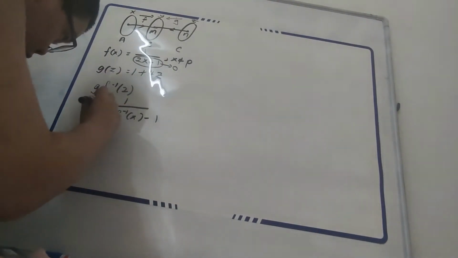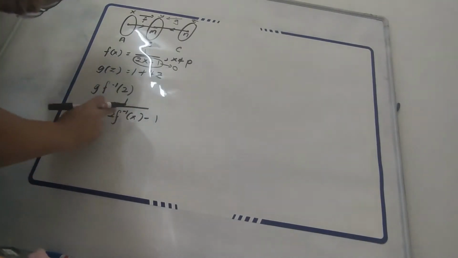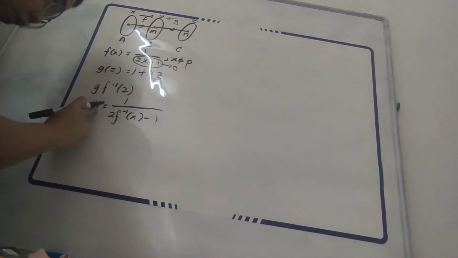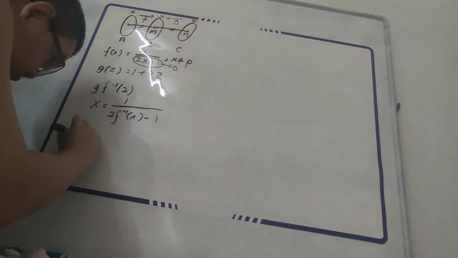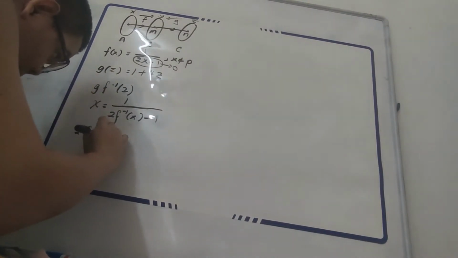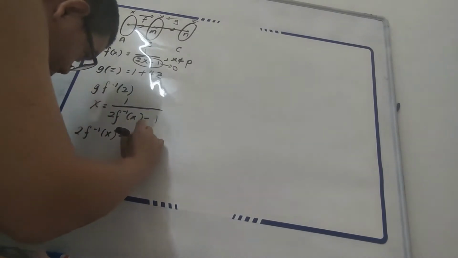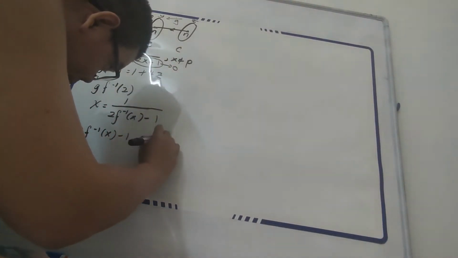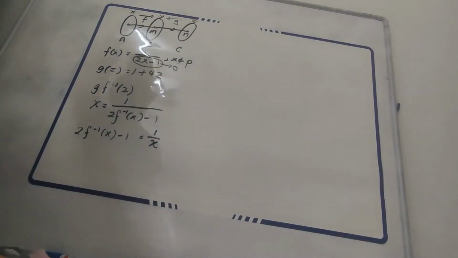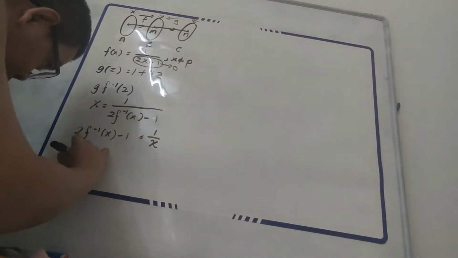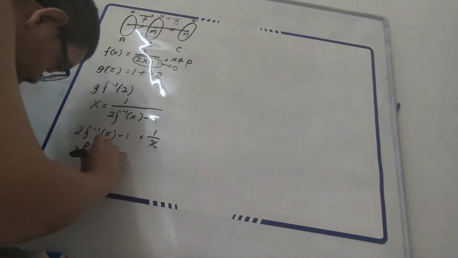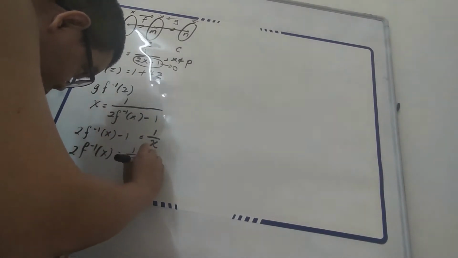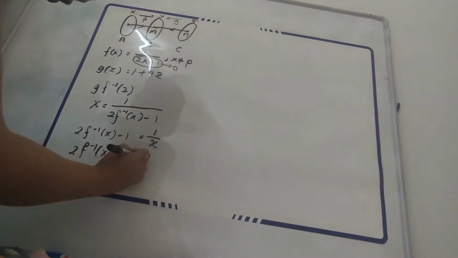minus 1. So here in this part, the denominator you move to the left hand side, and the x here you move to the right hand side. Okay, it will become this way. Minus x equals 1 over (x minus 1).